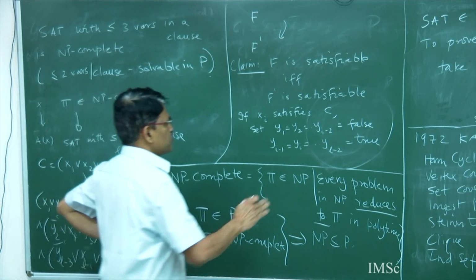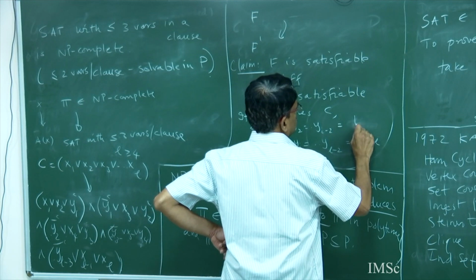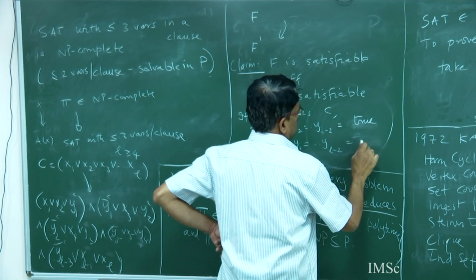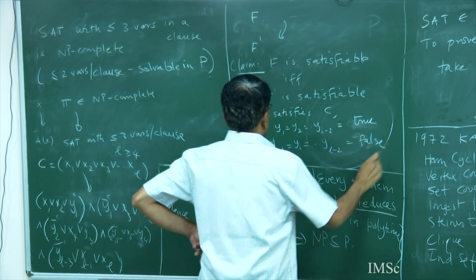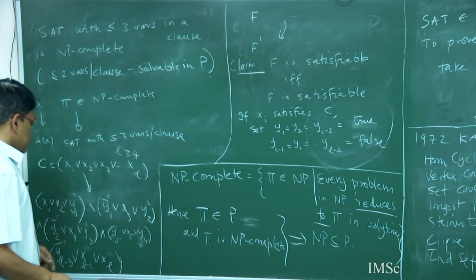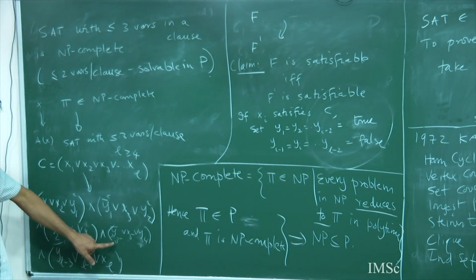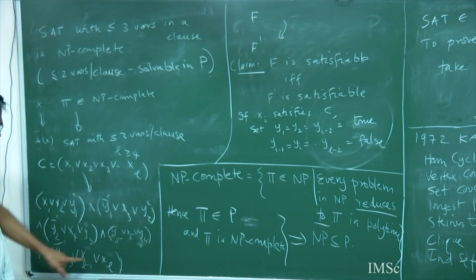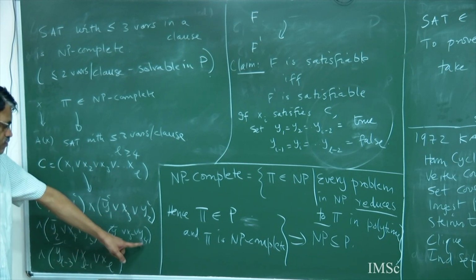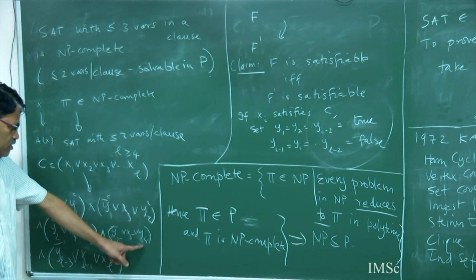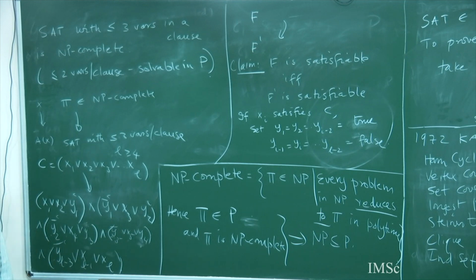Actually, no, I switched it. This is true, this is false. So, if xi is satisfying, then up to yi minus 2 I am going to set them to true, and from yi minus 1 I am going to set these guys to false.